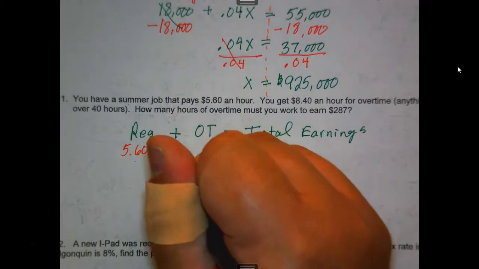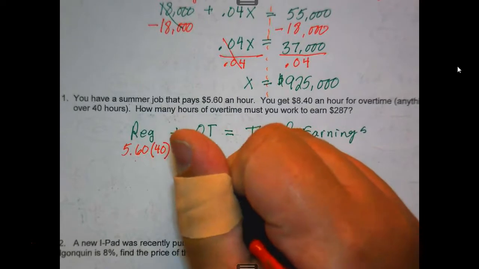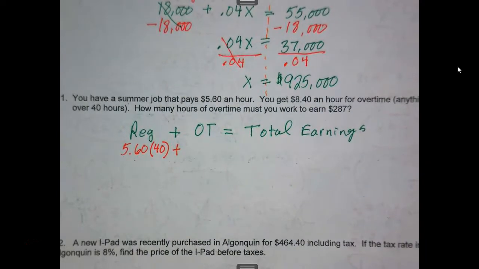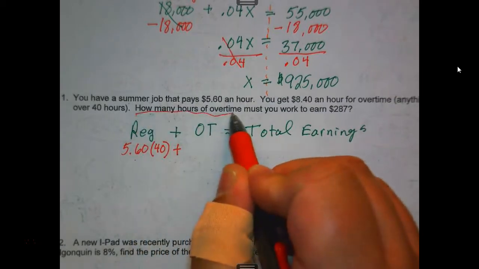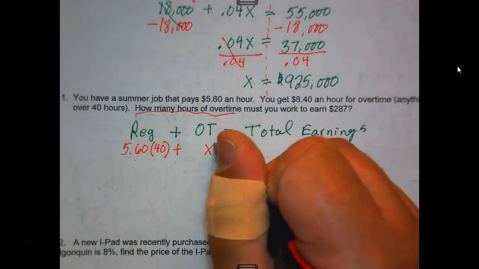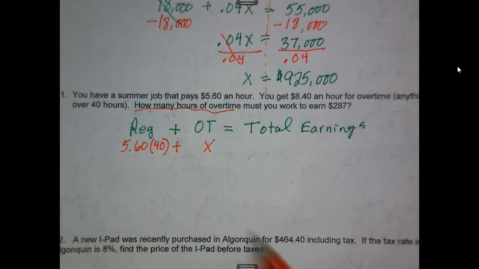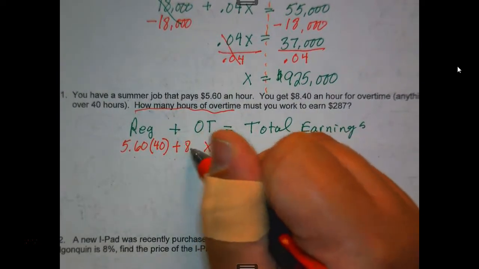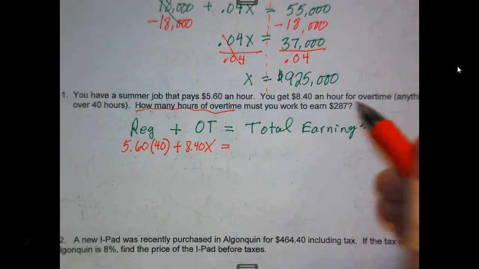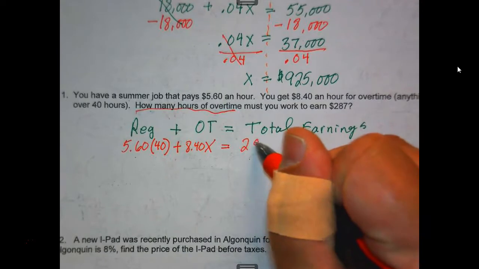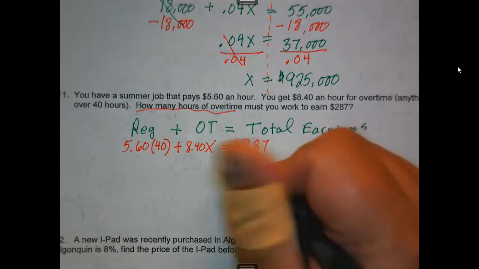I'm working 40 hours. Wow, excellent. Okay, overtime hours. Well, that's what we're trying to figure out, right? So that's my X. How much per hour do I have of that? 8.40. And that's going to equal my total earnings of 287.